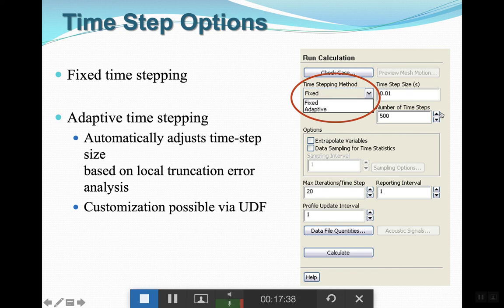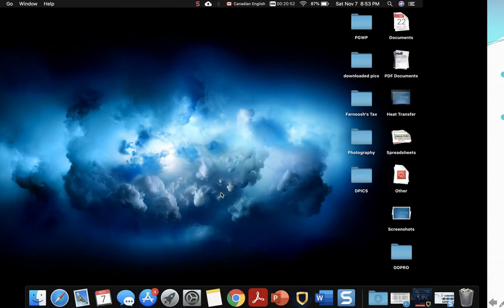If I want to run a simulation for 10 seconds, so if I want to watch a phenomenon for 10 seconds, and I want my time step size to be 1 second, how many time steps would I have? It would be 10 time steps.